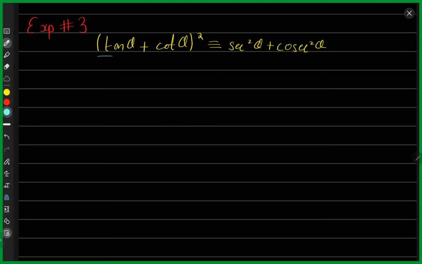So this is the left side. This is the right side. We have 4 helping identities. You can start off with any side and then prove it. So I'll start off with this one and I'll make it look like the right hand side. This is the left hand side and this is the right hand side. So let's get started.